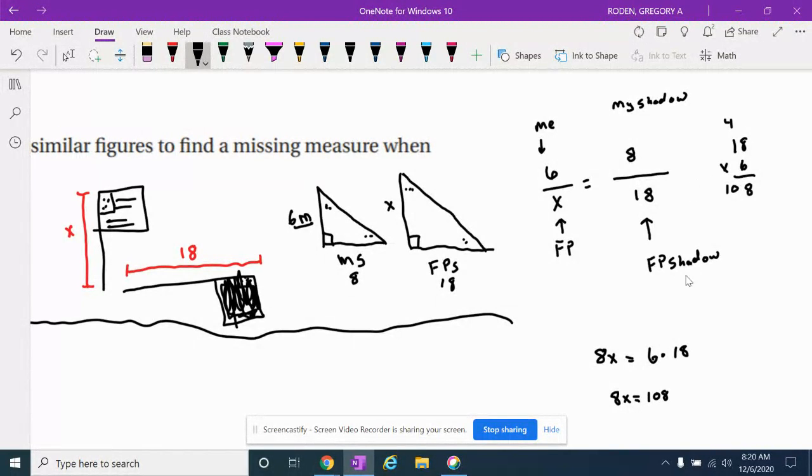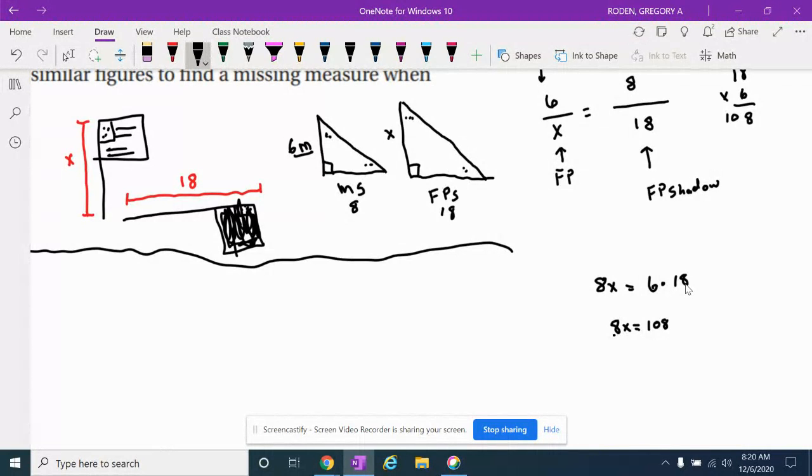And then I could just divide both sides by 8. So I'll do a little long division problem here. So we get 108 in here, divide by 8 here. 8 goes into, it won't go into 1, it goes into 10 one time.